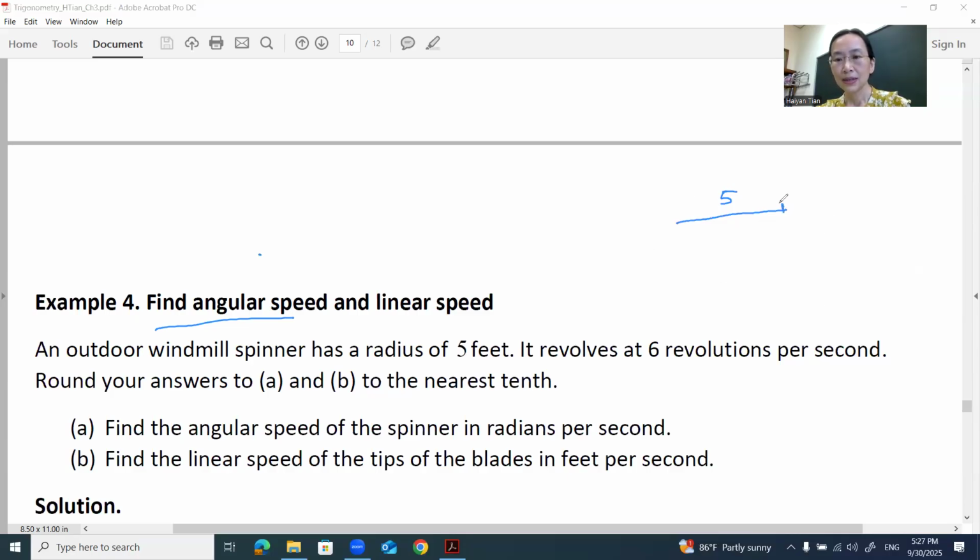So one complete revolution is 2 pi radians, right? If 6 complete revolutions, that will be how many radians? So 2 pi times 6, 12 pi radians.